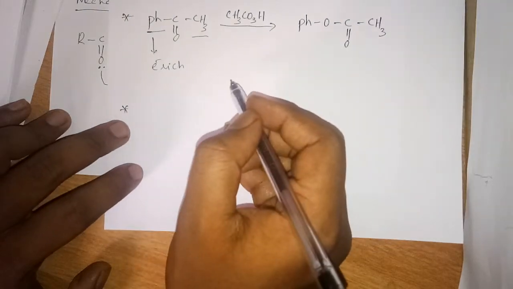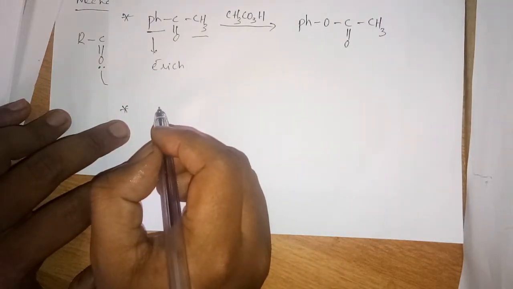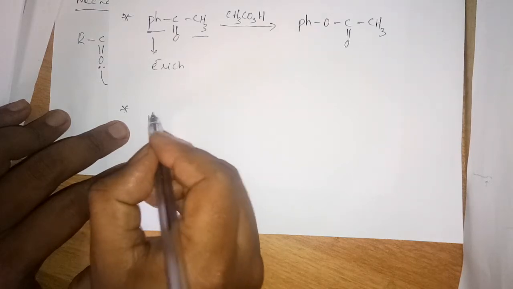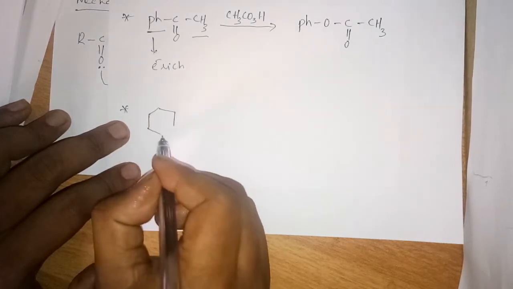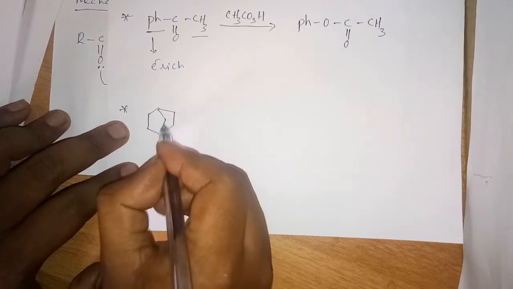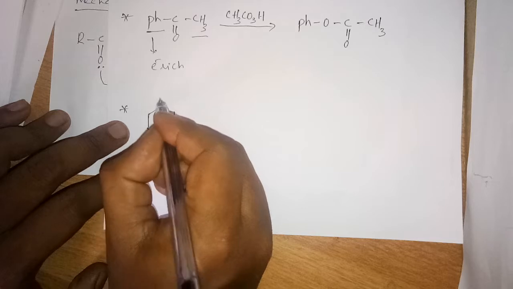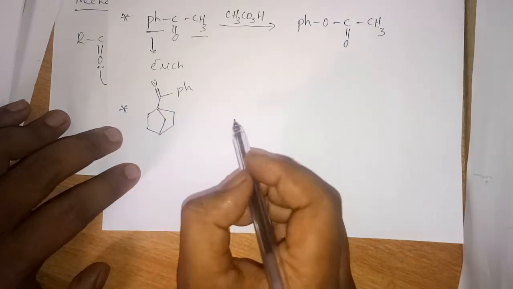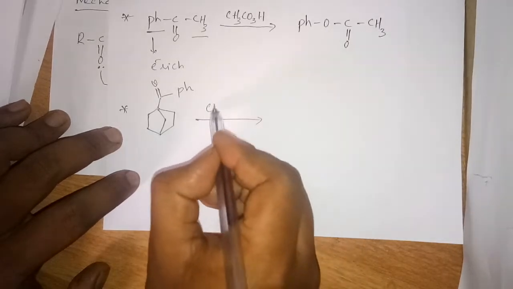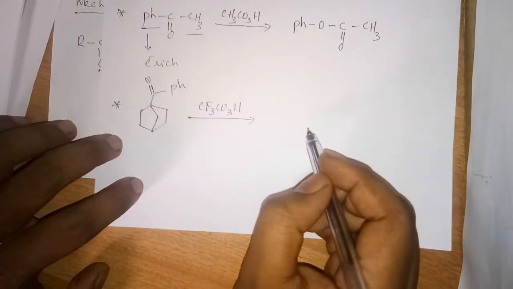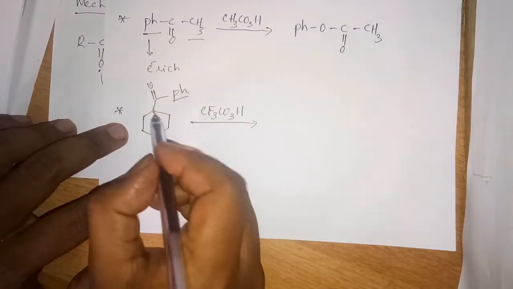Another example, with Ph and a tertiary alkyl group, using trifluoroperacetic acid. Now either the Ph or this group migrates.